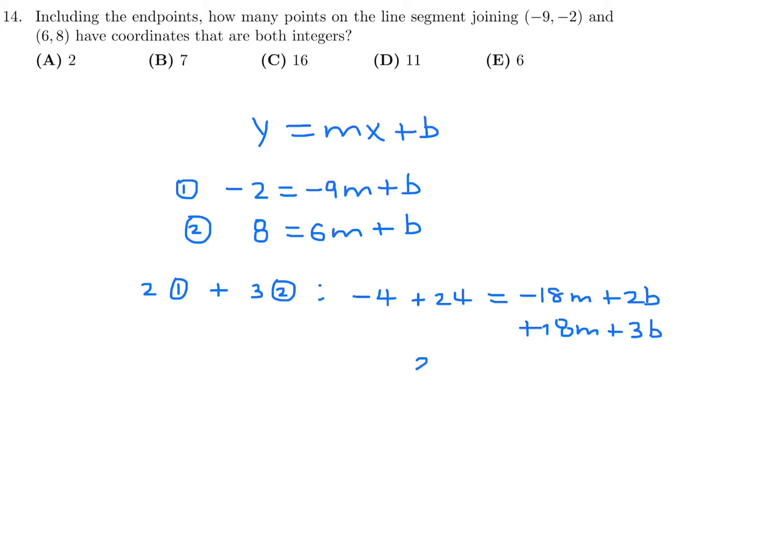So that means 20 is equal to 5b, and therefore b is equal to 4. Substitute b back in either of those, and when you do, you get a value of m of 2 over 3. So my equation is y is equal to 2 over 3x plus 4.